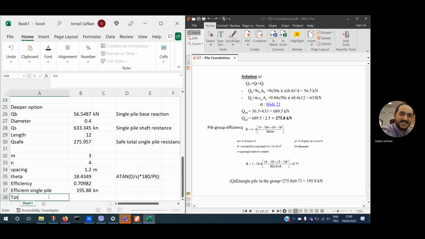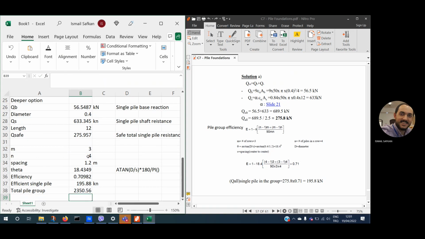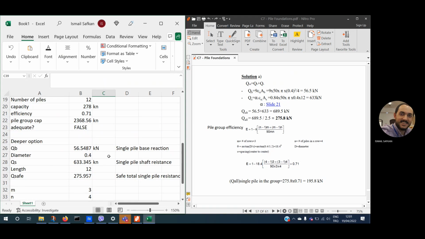And total pile group is this times quantity, right? How many piles? And quantity is 4 times 3. So this times that, in kilonewton. Okay? The same value we initially did.